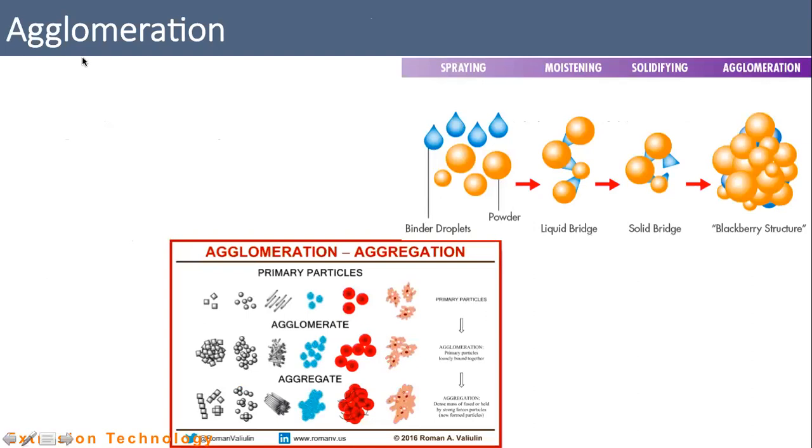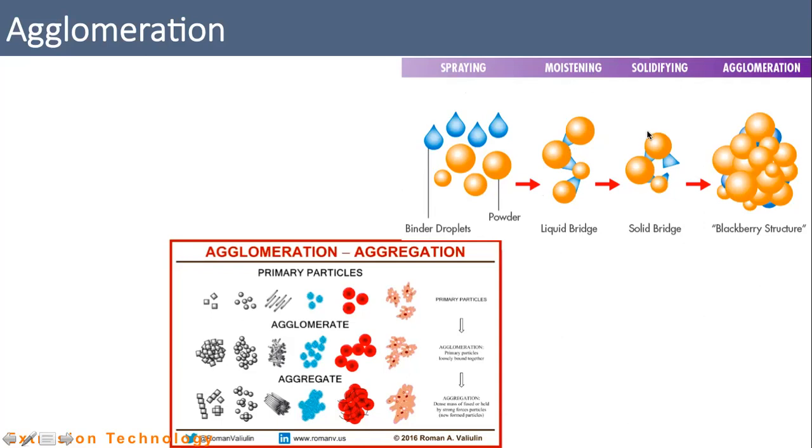I think agglomeration and gelatinization you have discussed in your physics lecture, but anyway, I will give you a brief introduction. Agglomeration means, here you can see powder and binder. Two particles come together separately, then moistening, and with the bonds you can get this type of texture.